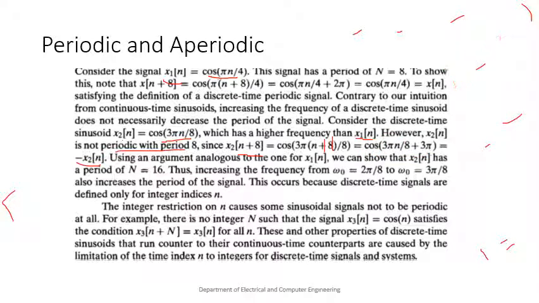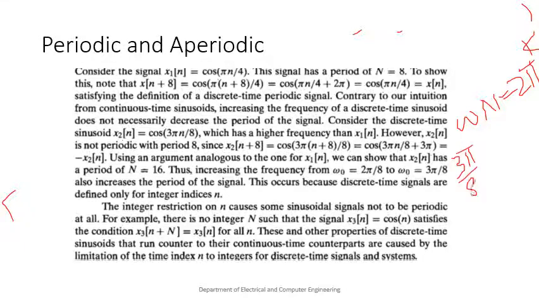So let's find out the period of this x2 of n first. How can we find the period? We know that omega n is equal to 2 pi k. Omega here is 3 pi by 8, so 3 pi by 8 times n is equal to 2 pi k. Pi cancels with pi, and then we have 3n is equal to 16k.